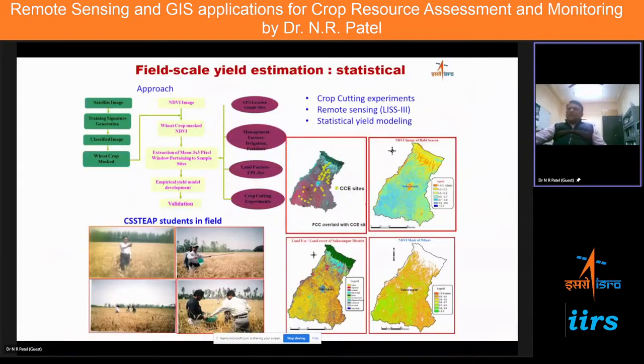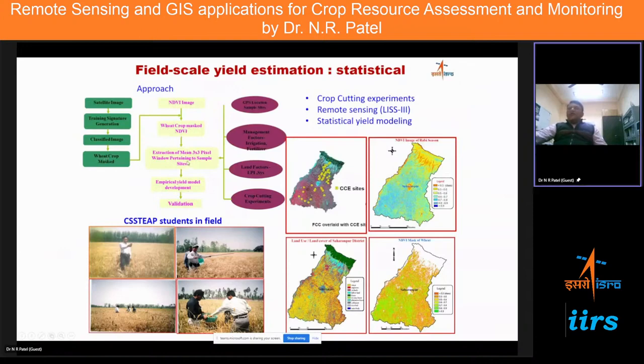So here you see, this is a simple statistical approach where we acquire satellite images, and NDVI is computed. Once we have classified the wheat crop, only those pixels belonging to wheat crop, that wheat crop NDVI is extracted.